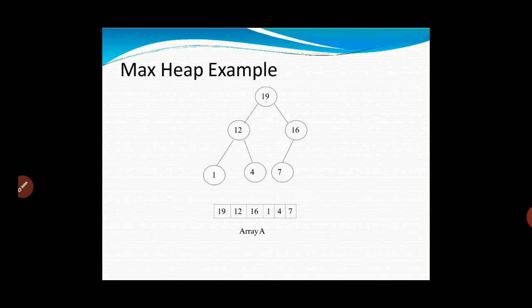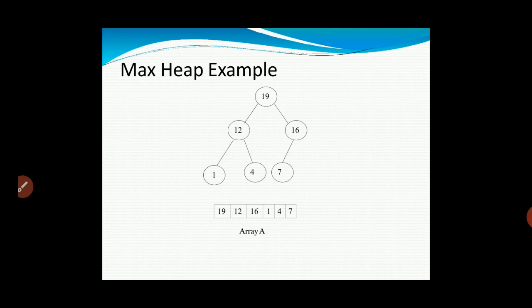This is the max heap example. If this heap tree is inserted into the array, the continuous indices are 19, 12, 16, 1, 4, 7. This is the max heap in the array.